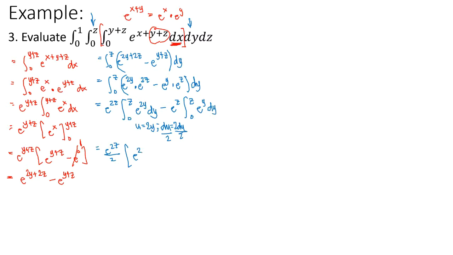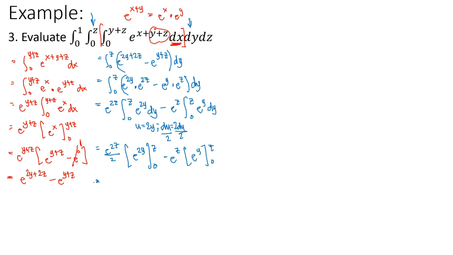So we have e raised to 2y, sorry, we have from 0 to z, subtracted by e raised to z. Integral of e^y is just e^y from 0 to z.